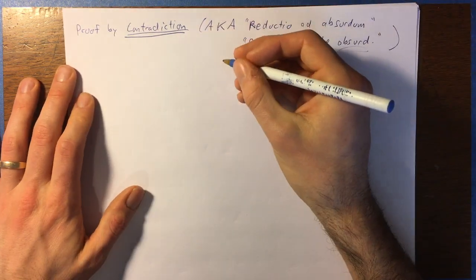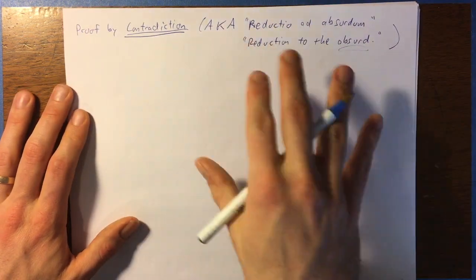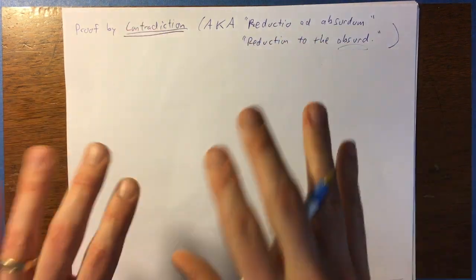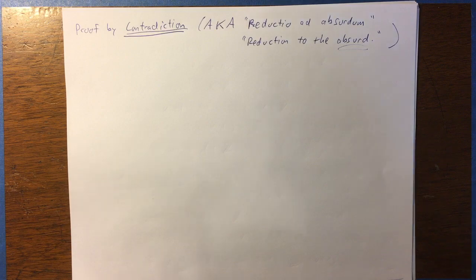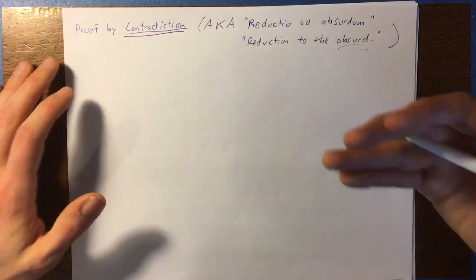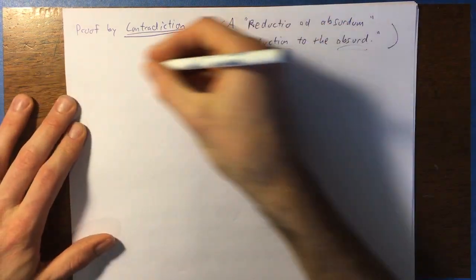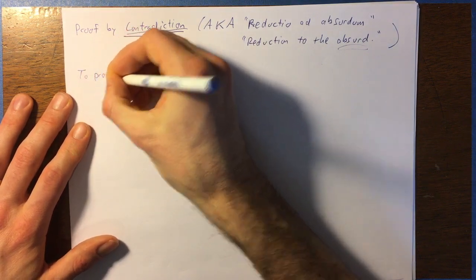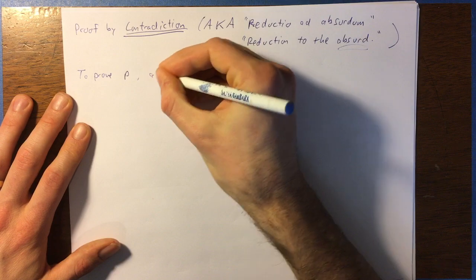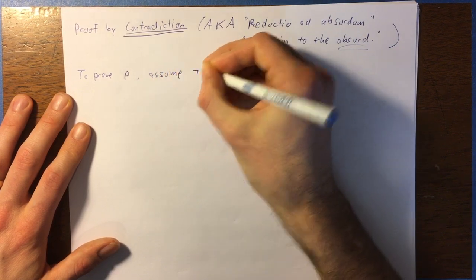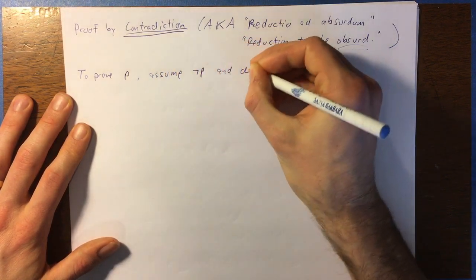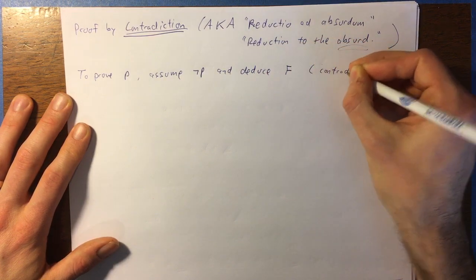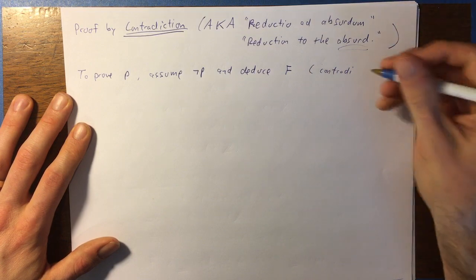So here's the idea behind proof by contradiction. And this can be applied not only to proving an implication statement, but to proving any type of statement. So I'm going to phrase it first more generally, and then I will give you a version of it which is specifically for implications. The more general version is to prove P, start by assuming not P, and deduce a contradiction, which I'm going to represent by the letter F for something false.